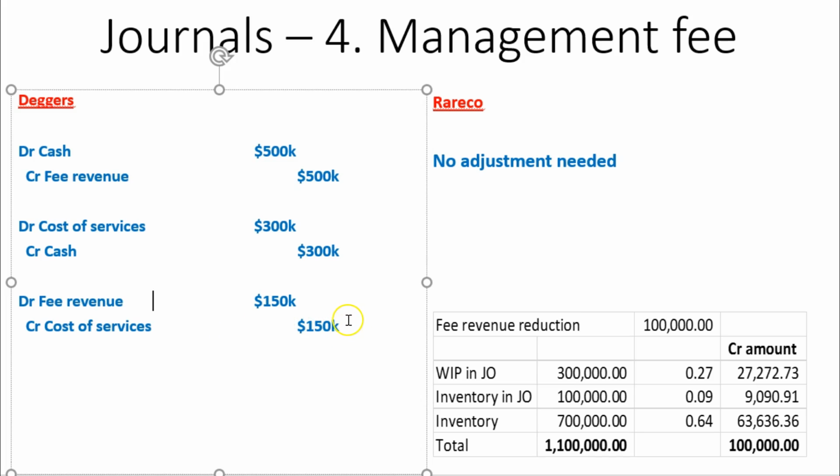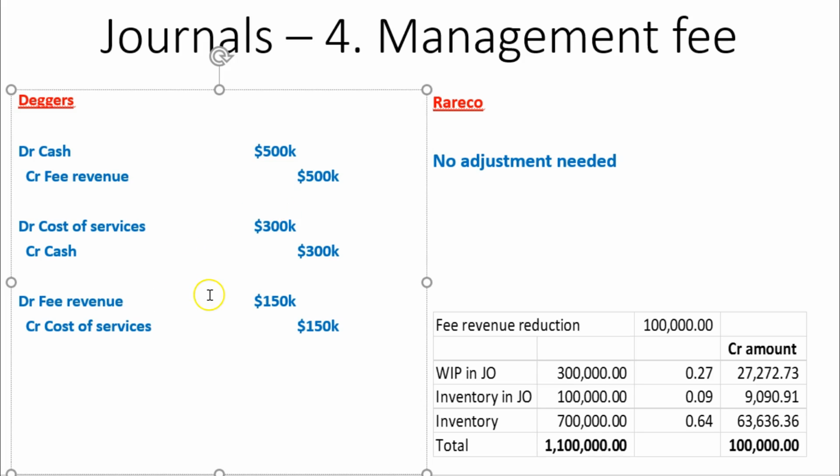So the way we get the amounts for this first entry here is we look at what the cost of the service was, which was $300,000. And we know that half of that cost relates to providing services to RareCo, so we're happy to recognize that. But the other half we don't want to recognize because we're just providing it to ourselves.